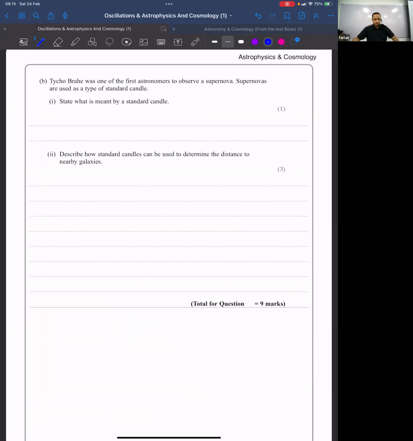It is a star with a known luminosity. It doesn't have to be a star itself. You can call it any stellar object. A stellar object with a known luminosity, yes, most of the time it's a star.